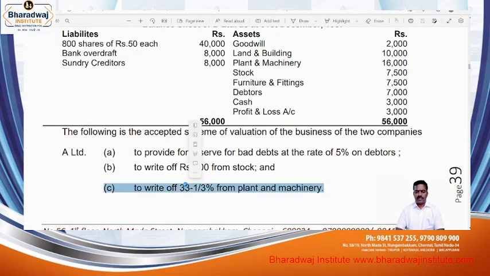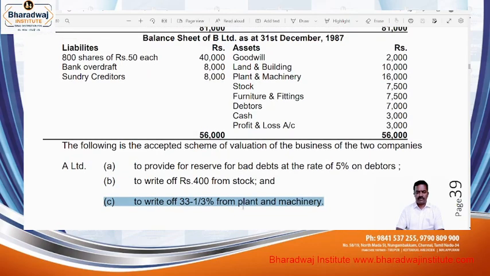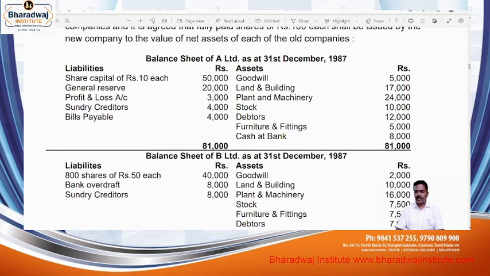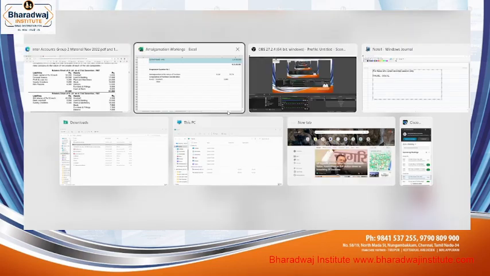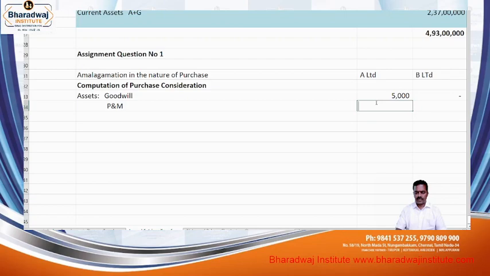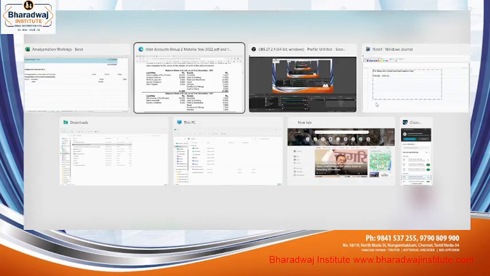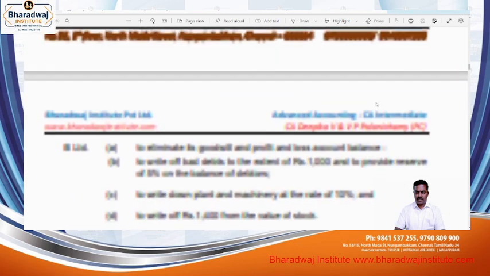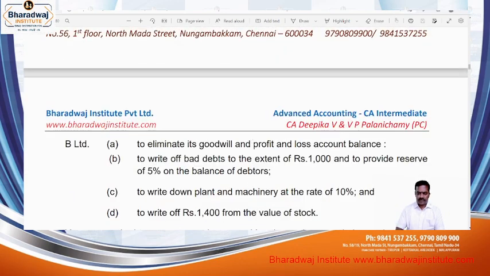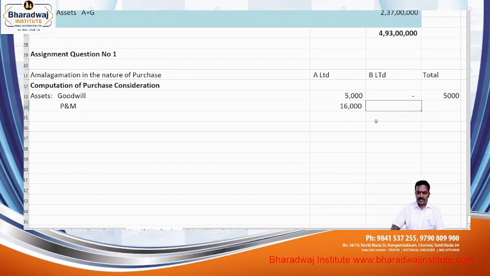Okay, they ask you to write off 1/3 of plant and machinery. For A Limited, they ask you to write off what? 1/3 of plant and machinery. 24,000 minus 1/3. How much? 16,000. B Limited: 14,400. For B Limited, look at the adjustment given. 10%.